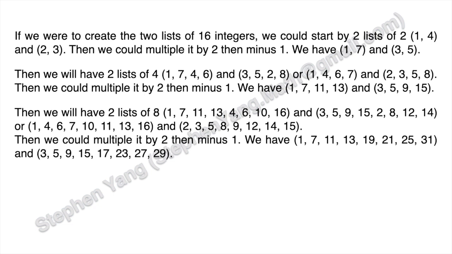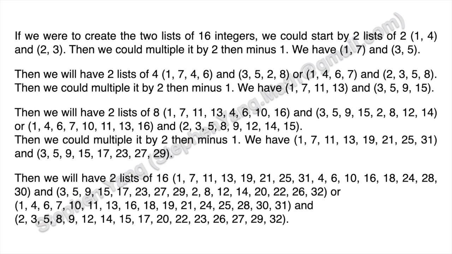And then we multiply by 2 and minus 1. We'll have 1, 7, 11, 13, 19, 21, 25, 31, and 3, 5, 9, 15, 17, 23, 27, 29.